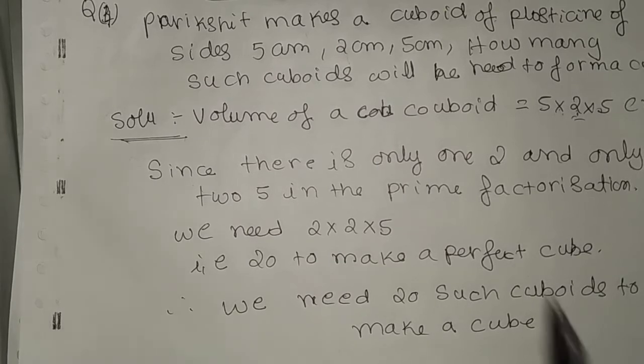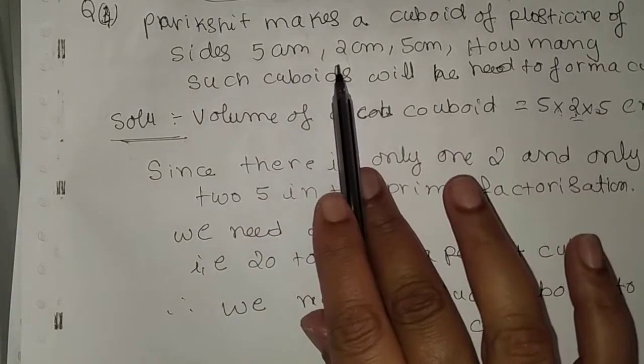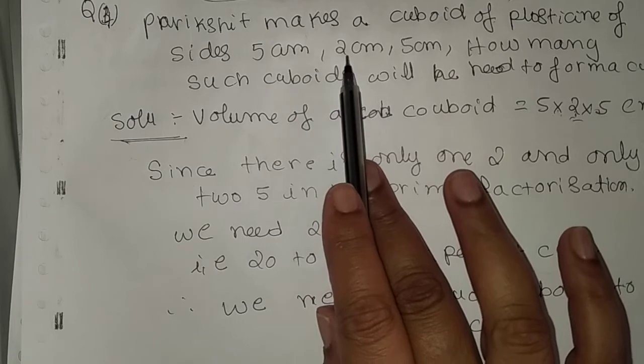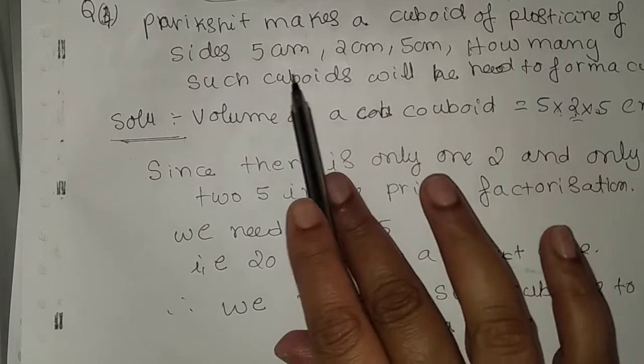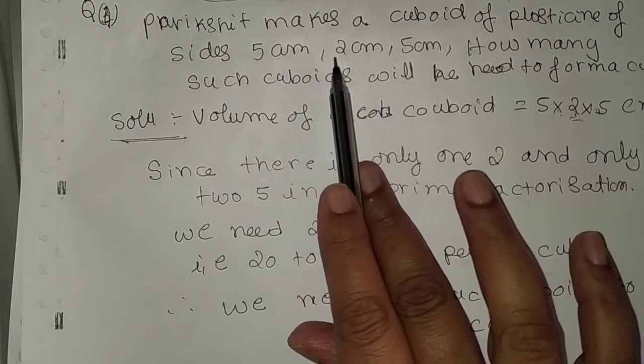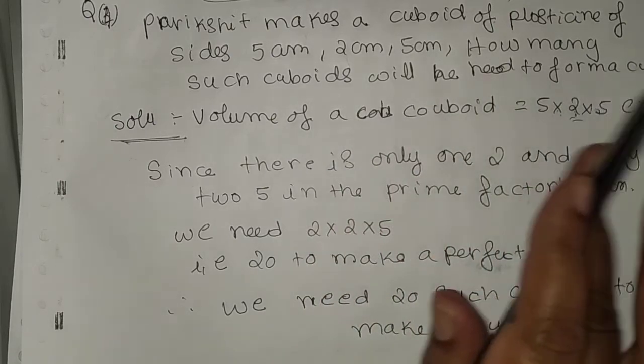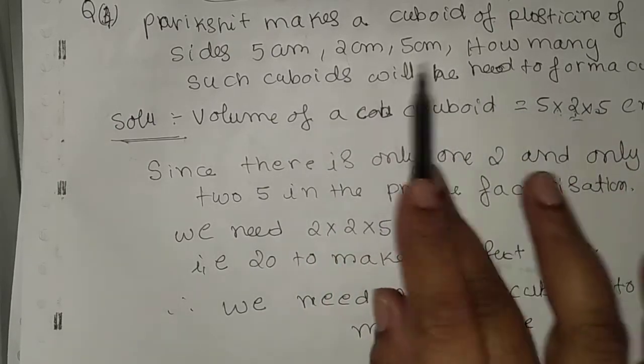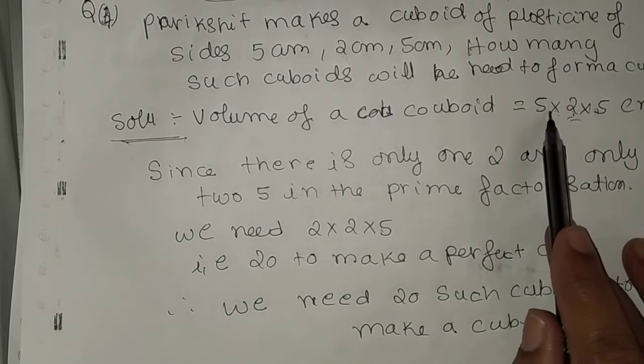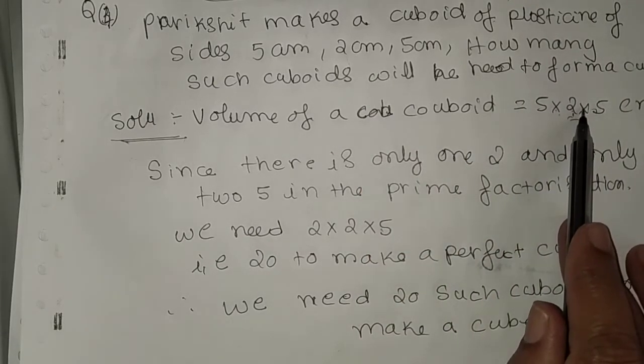So here Parikshit makes a cuboid of plasticine with sides 2, 5, 2 and 5. How many such cuboids will be needed to form a cube? So the volume is, multiply all this. Here we have only 5, 2 and 2.